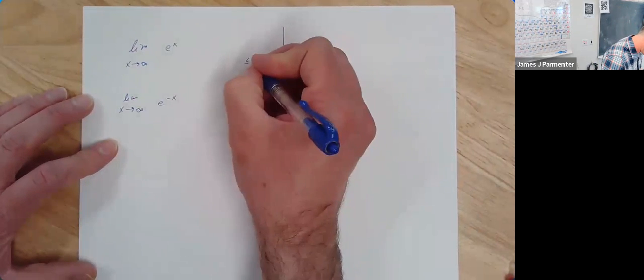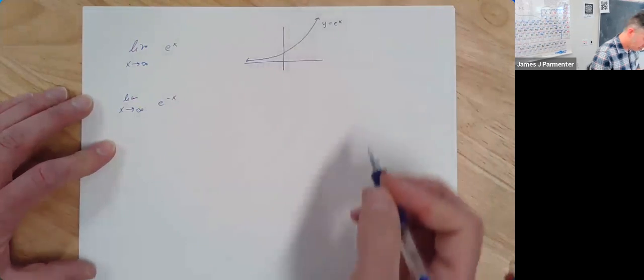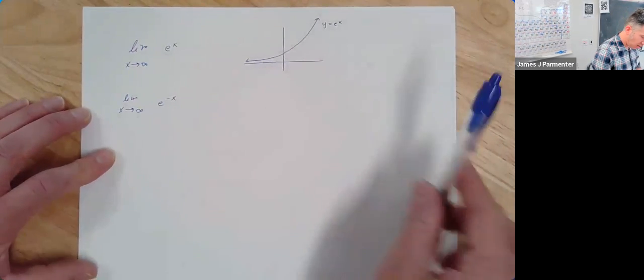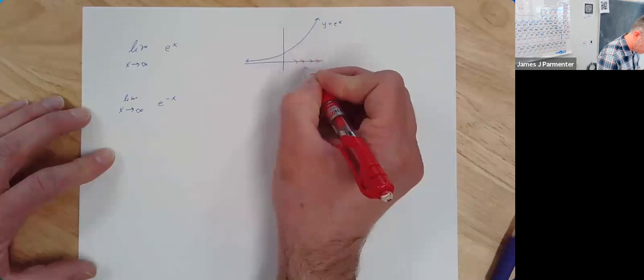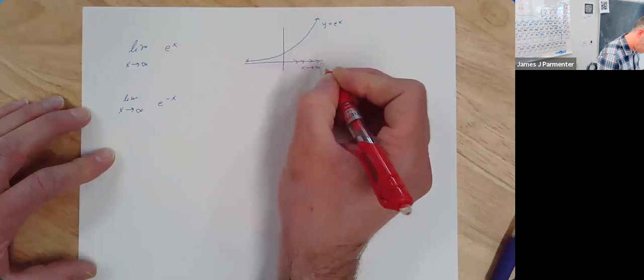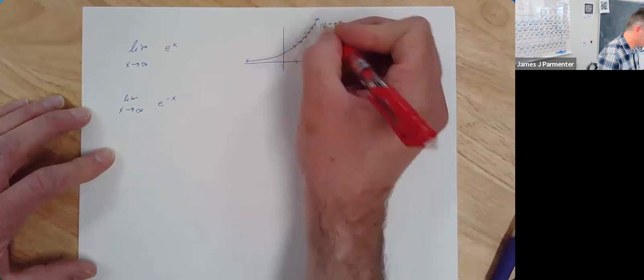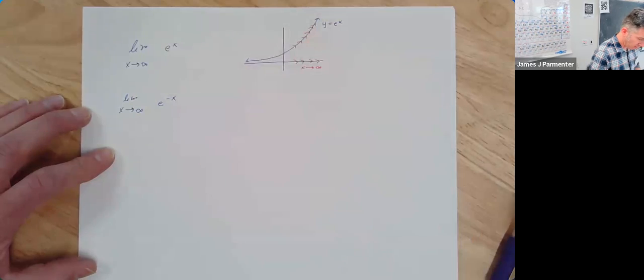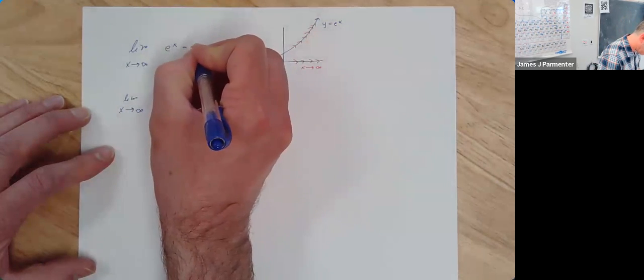And e to the x looks like this usual shape. So as x goes way out to the right, here's x going to infinity. The y values are also getting infinitely large. So as x goes to infinity, e to the x also gets infinitely large.